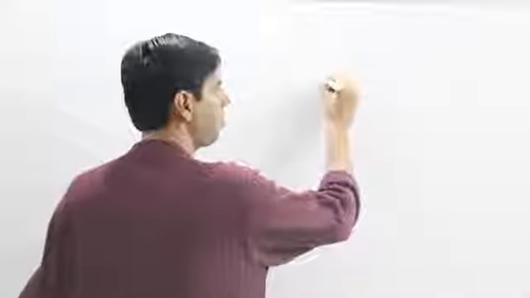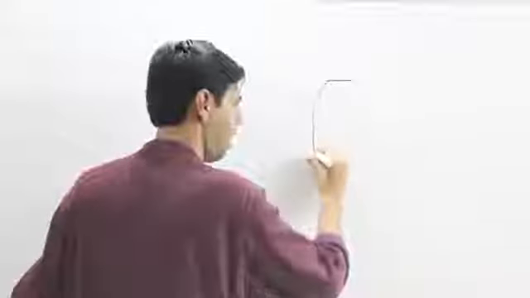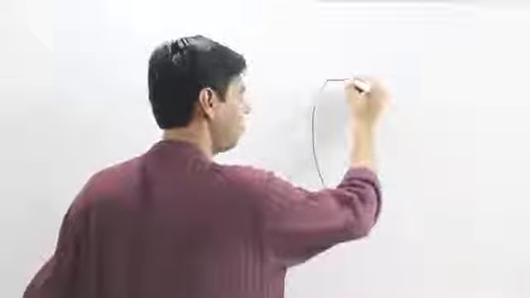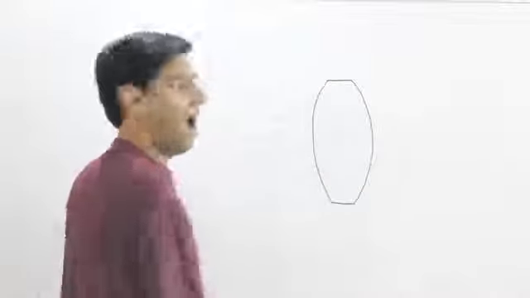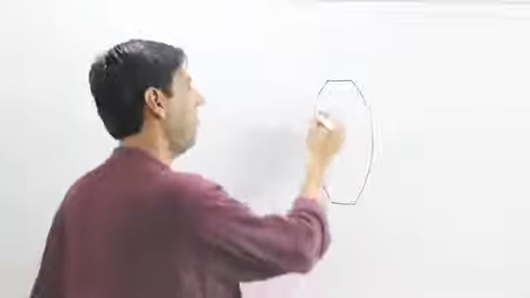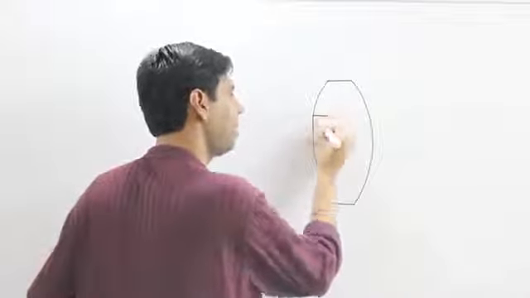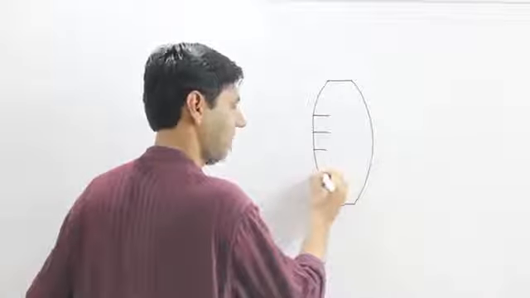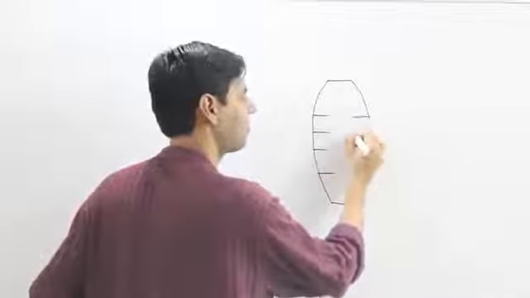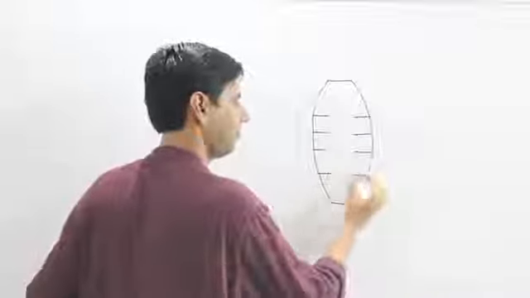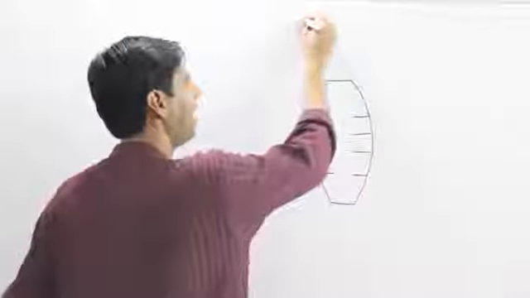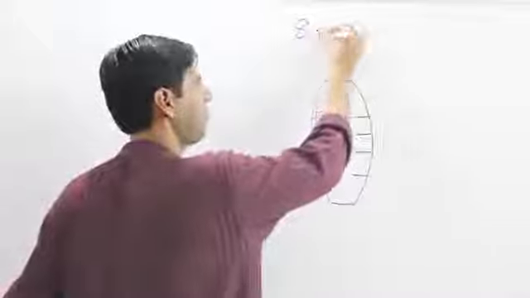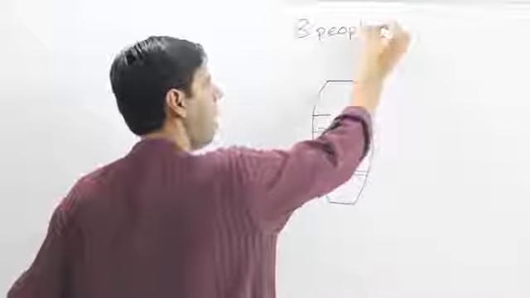I have a boat. Let me try drawing a boat. And this boat has to be manned by 8 people, but 4 are going to sit on the left and 4 are going to sit on the right. I also have 8 people with me to man this boat.